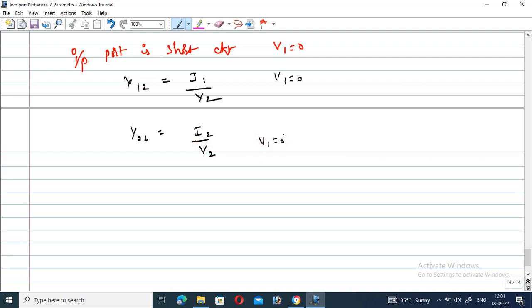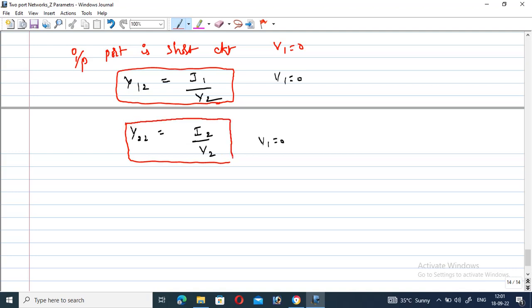These are the two more parameters in the case of the Y parameters. They are also called admittance parameters. These admittance parameters can be calculated by short circuiting the corresponding two port network terminals. Therefore, we can call them short circuit parameters.